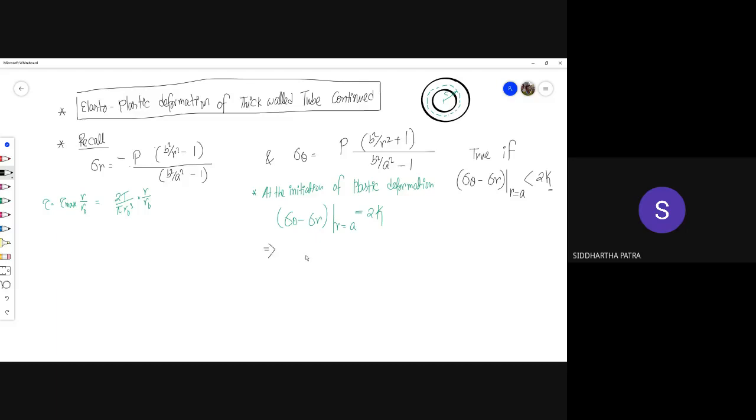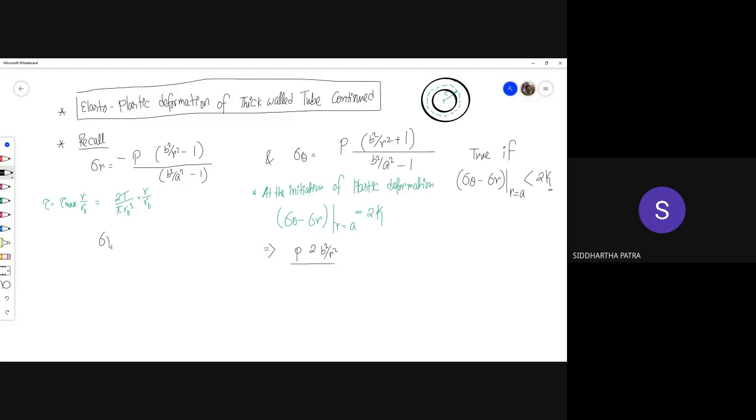This quantity, as we can see, is P times, actually, it is going to be twice B squared by R squared.